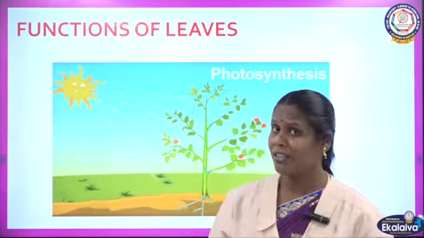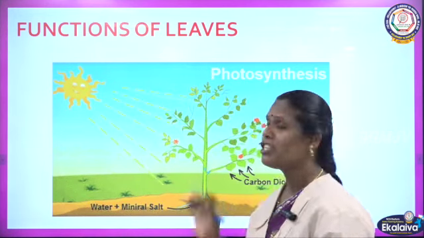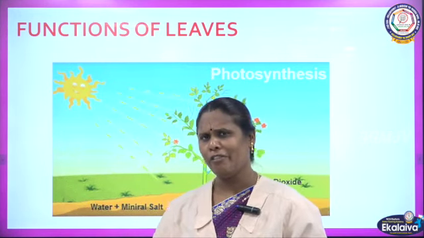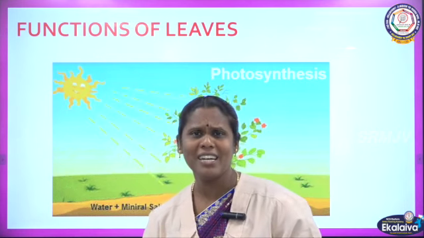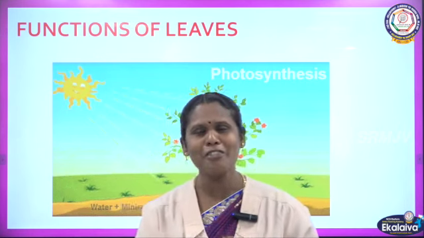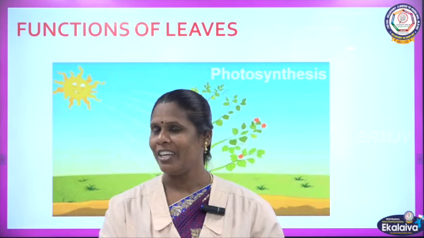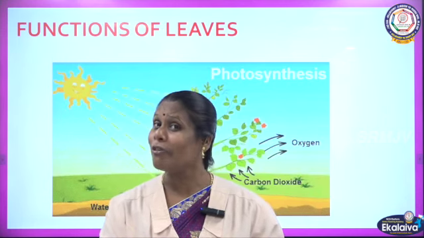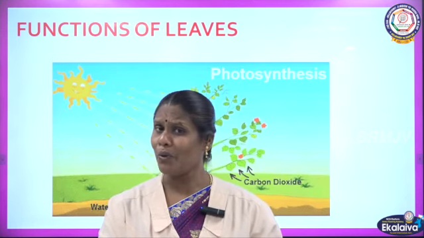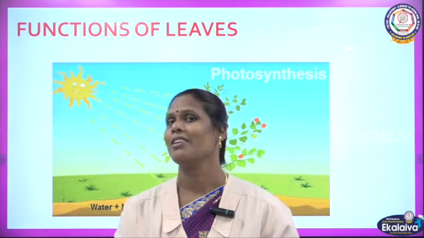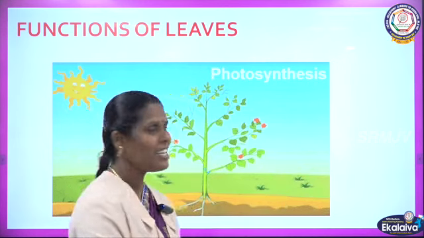Next, we are going to learn about the functions of the leaf. From the lower classes onwards, you are learning. Can you say what the function of the leaf is? The main function is photosynthesis. Do you know what photosynthesis is? Shall we discuss that?